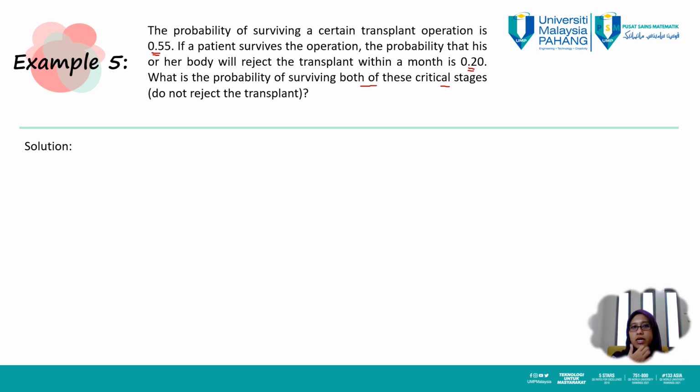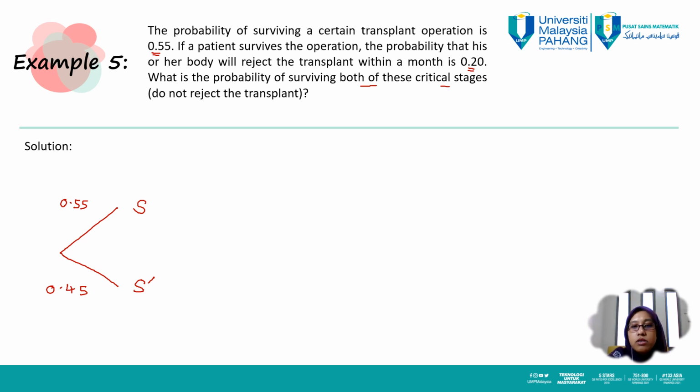Okay, so let's gather all the information and represent it in a tree diagram. So the first one, whether the patient survives or does not survive. If the patient survives, the probability is 0.55. And if not survive, the probability is 0.45.